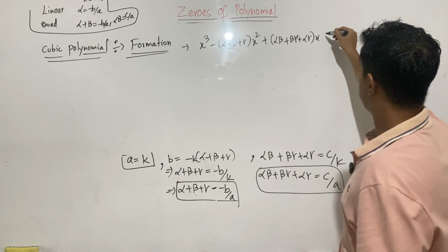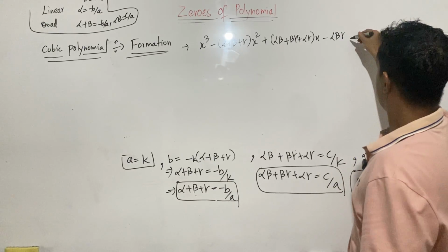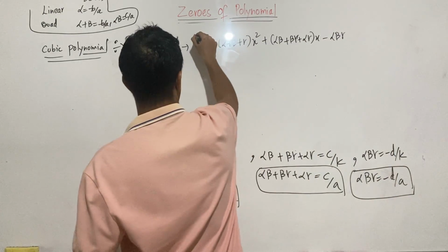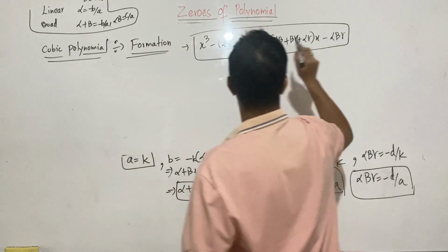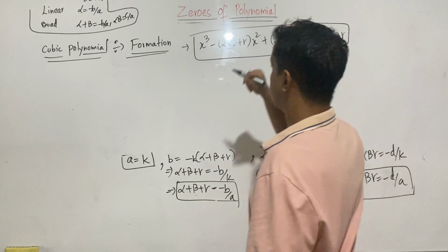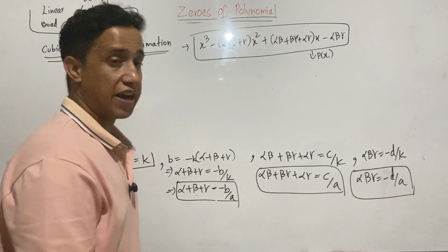And here minus alpha beta gamma. Okay, so this is going to be the formation of cubic polynomial.